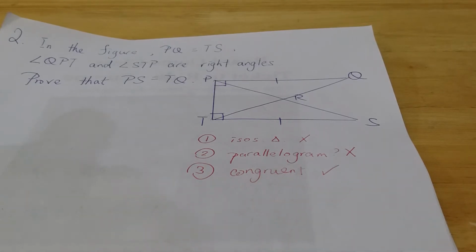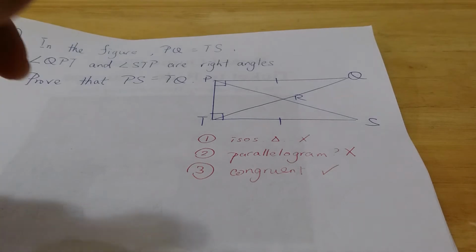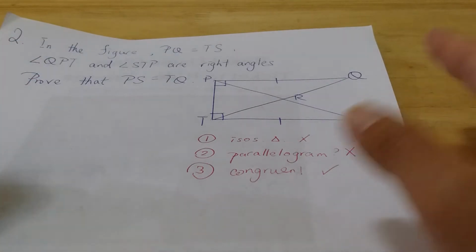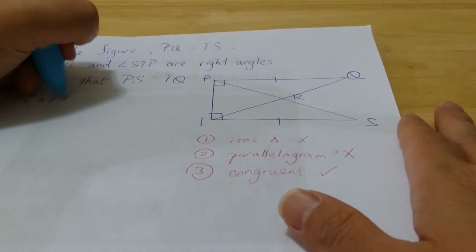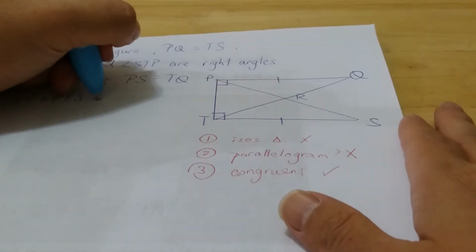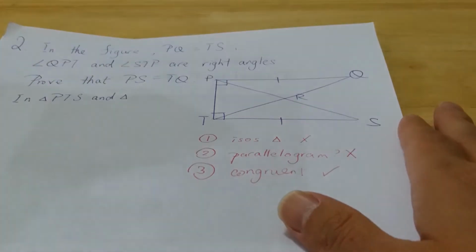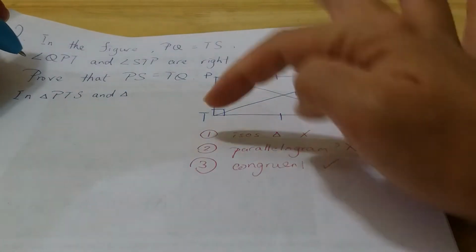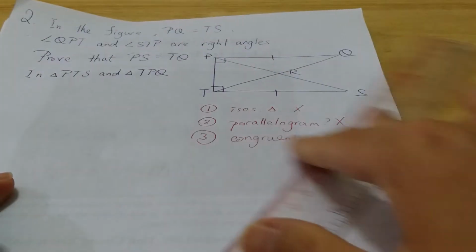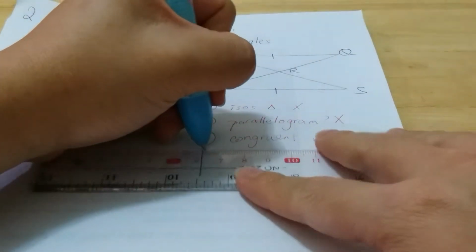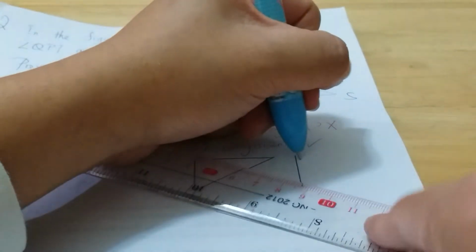For this question, the only two triangles that include PS and TQ are triangle PTS and triangle TPQ. We have these two triangles. Let's draw them out, smaller.